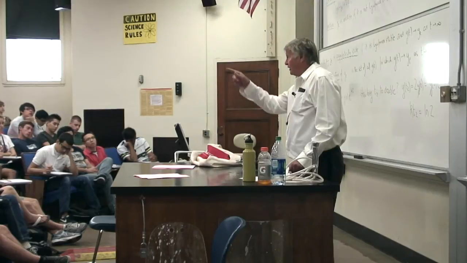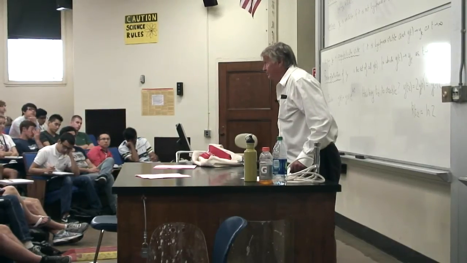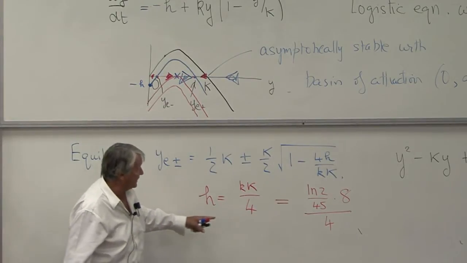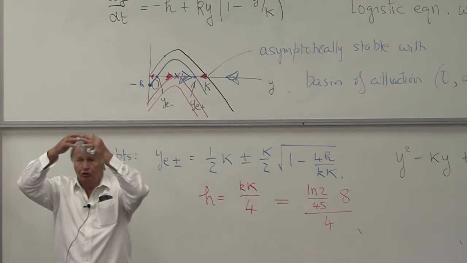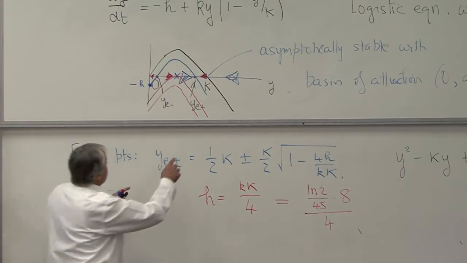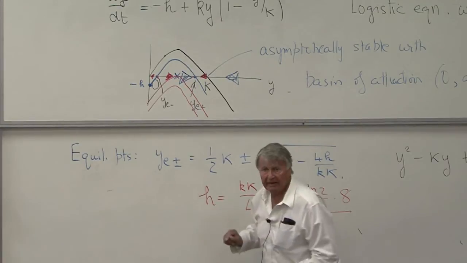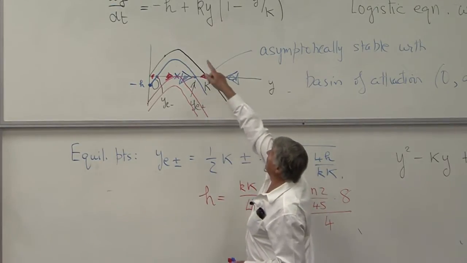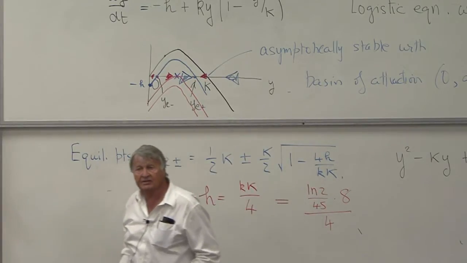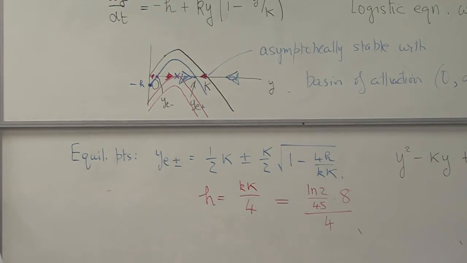Right? So you are trying to figure out the value of H at which you lose any equilibria at all. Once H gets to be this big or bigger, the graph of that right-hand side falls below the axis. It's always negative. See that? And therefore, your population will just decrease till it hits 0.